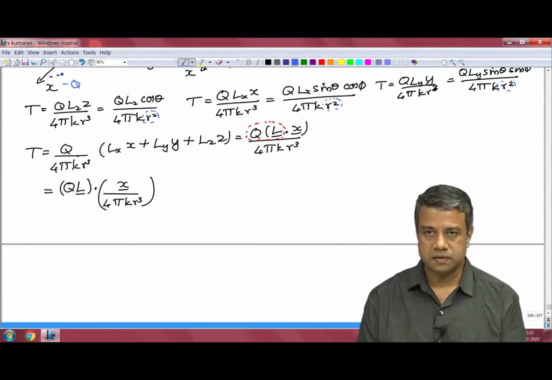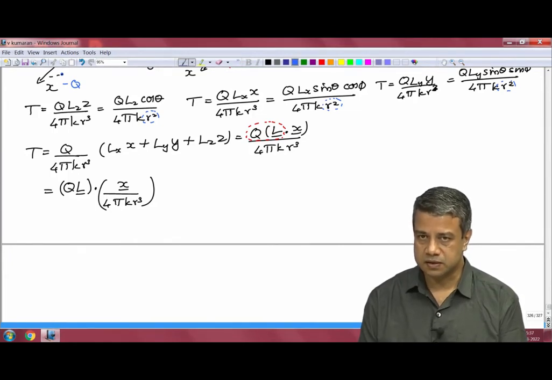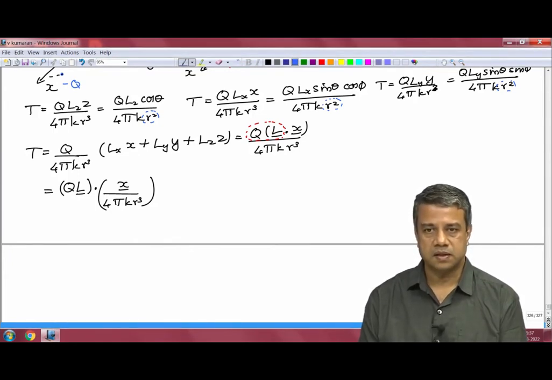For a point source, we had seen that the temperature decreases as 1 over r. In this particular case, there is no net source because there is a source plus q and a sink minus q. Whatever comes out of the source goes back into the sink. So, there is no net source.